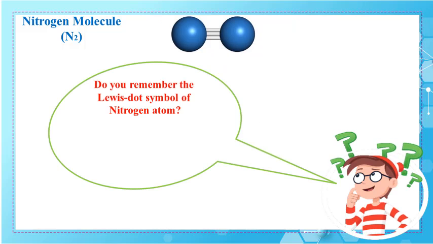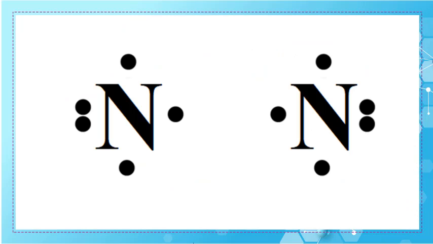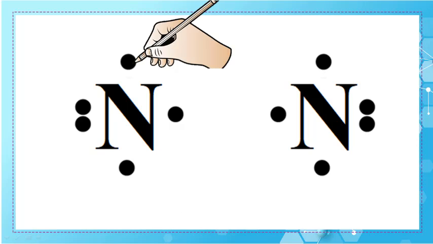Do you remember the Lewis dot symbol of nitrogen atom? Okay, let's try now writing the Lewis dot structure of a nitrogen molecule. First, you have to write the Lewis dot symbols of the two nitrogen atoms, and the lone electrons must be put opposite to each other. Then join these lone electrons.